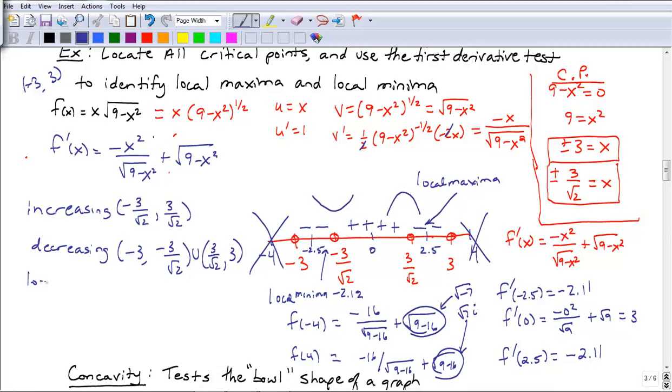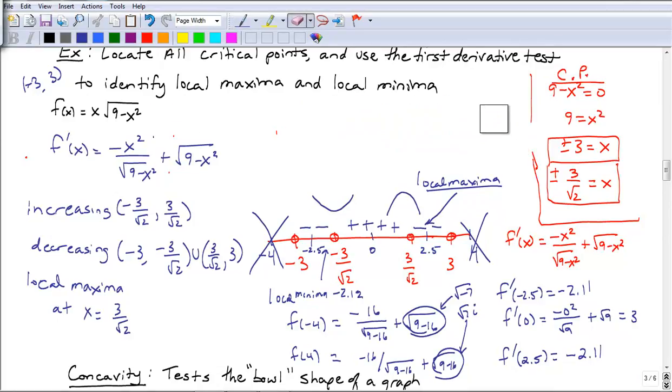I know that there's a local maxima. To find the maximum value, I have to plug it into the function, but it happens at x equals positive 3 over root 2. That's where the local maxima is. To find the local maxima, I have to put positive 3 over root 2 into the original function to figure out what it was. So I do that. f of 3 over root 2 equals 3 over root 2 times the square root of 9 minus 3 over root 2 squared, because that's where the local maxima occurs.